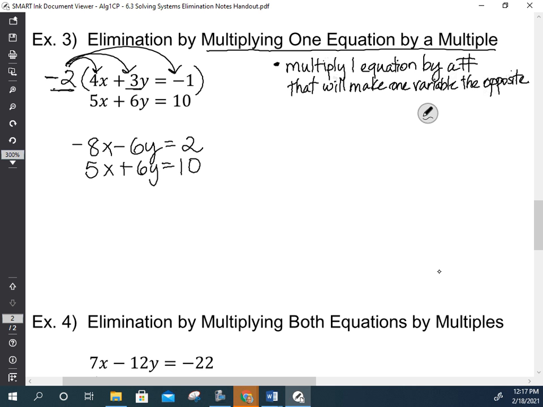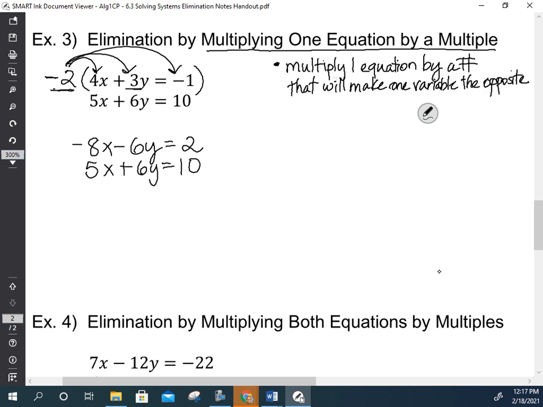Yes, because opposites means they have to be the same number and they have to be different signs. That's required. I'm glad she asked, because I'm pretty sure some of you all had the same question and didn't ask. Don't wait for someone else, because if someone else doesn't ask, you're screwed.